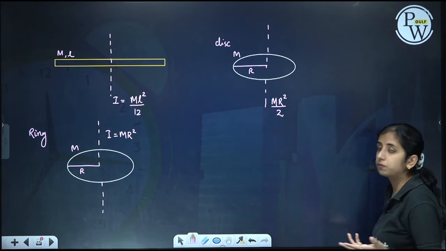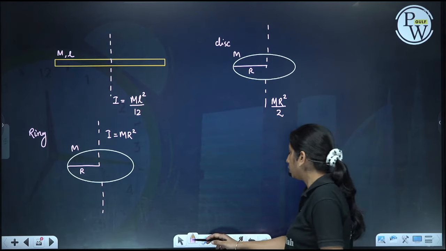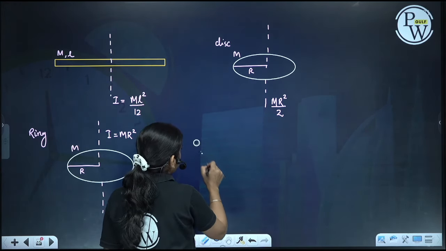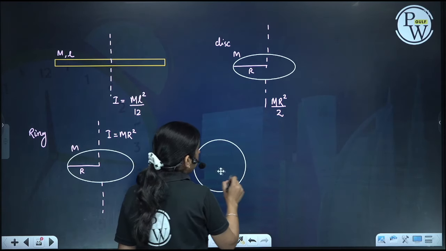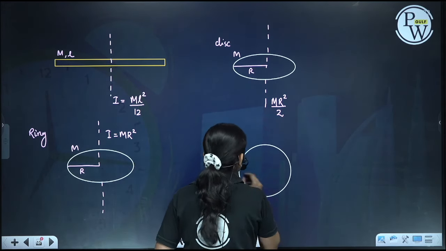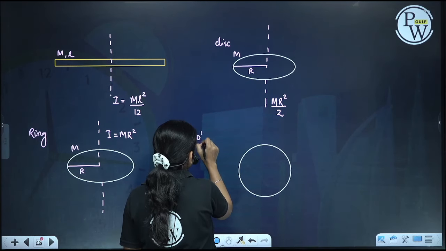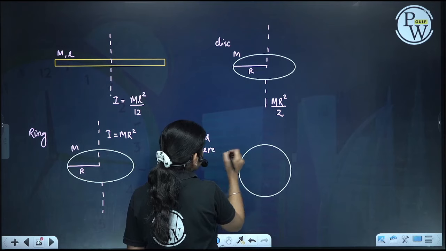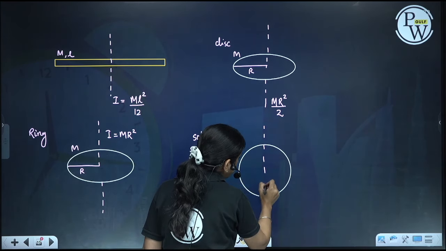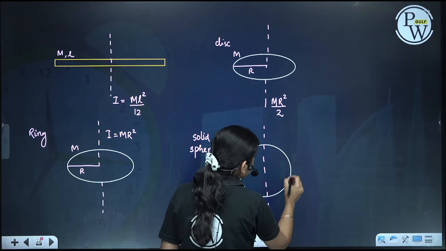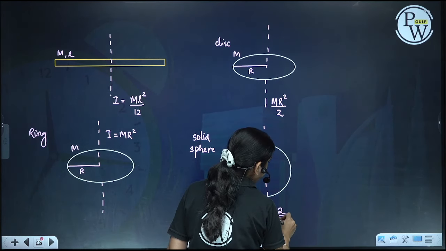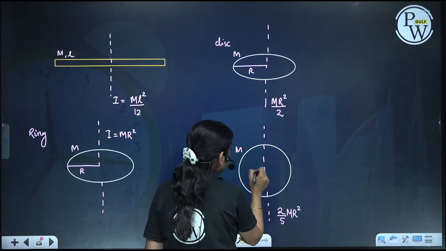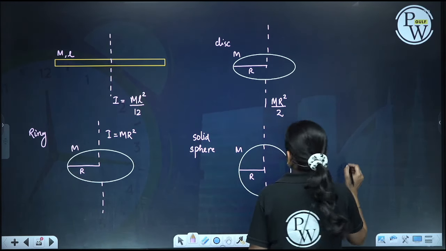All these moments of inertia we can calculate using the integration method. Okay, if we have a solid sphere, then its moment of inertia about its diameter, about this axis, is 2 by 5 mr square, where m is its mass and r is its radius.